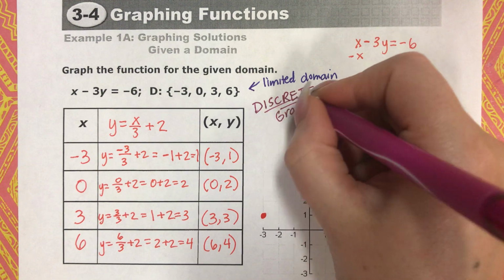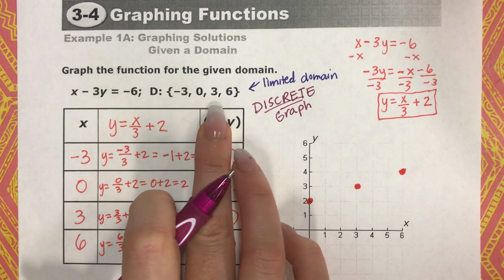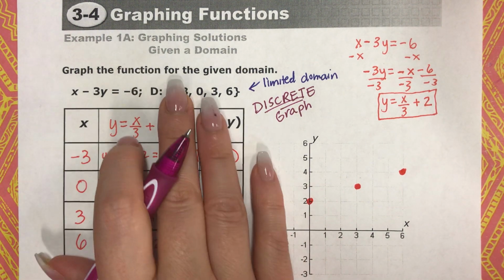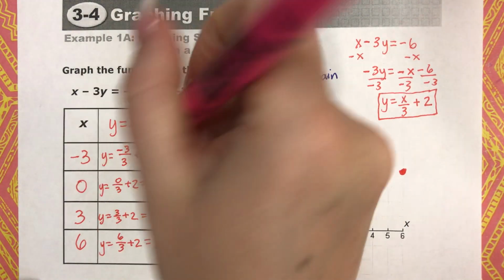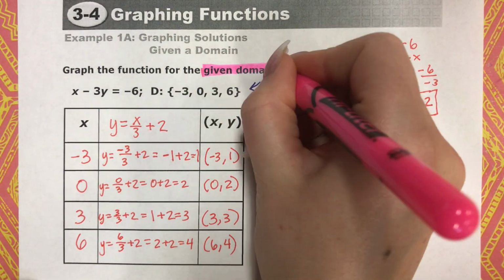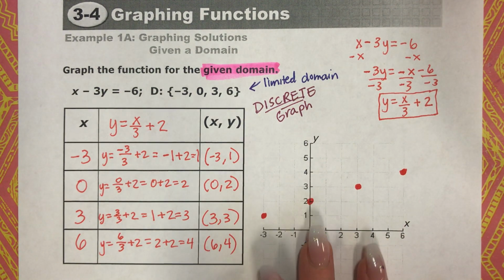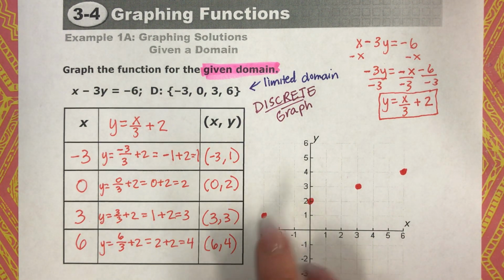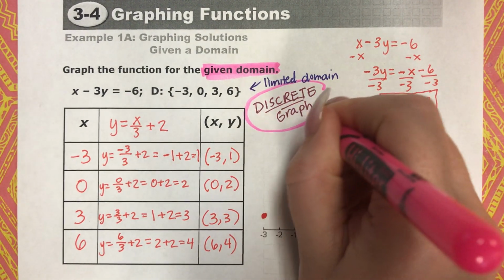So, it's not a continuous graph, it's a discrete graph. So whenever that domain is limited and it says graph the function for the given domain, it is telling you what that domain has to be, their specific values, which means the domain is limited, and because it's limited, you're only going to end up with ordered pairs, which are points, which are going to make this a discrete graph.